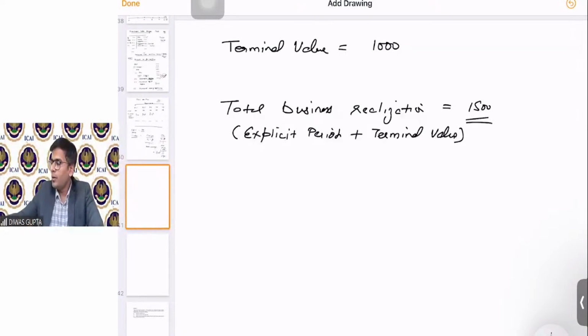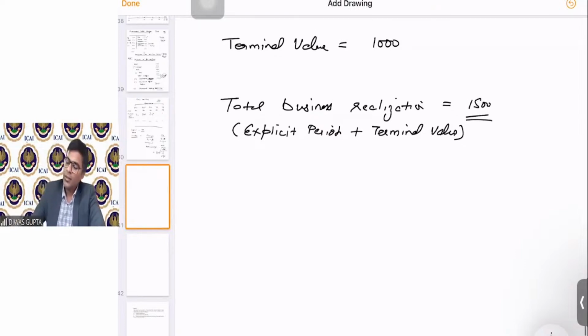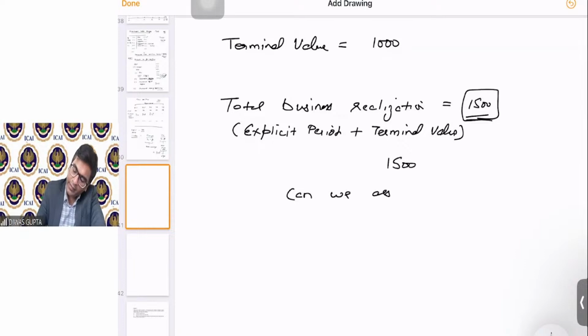Now, do you think that this 1,500 value can we assign to the equity shareholders?